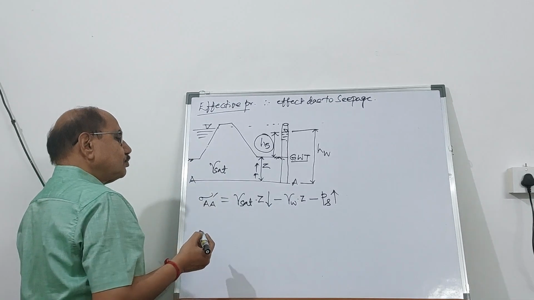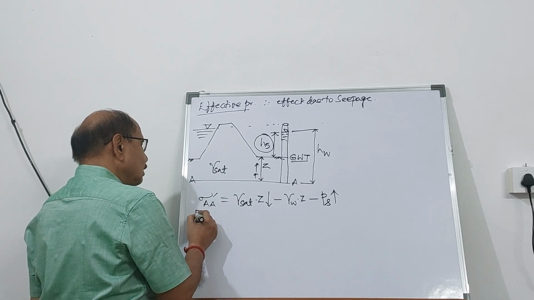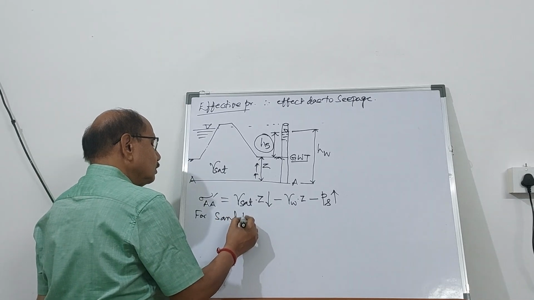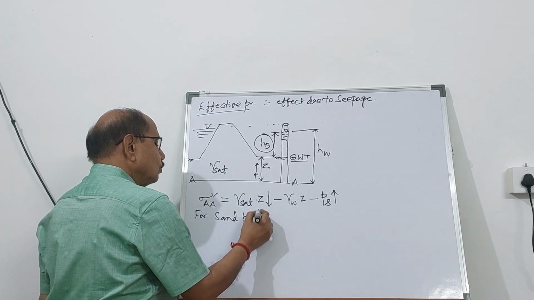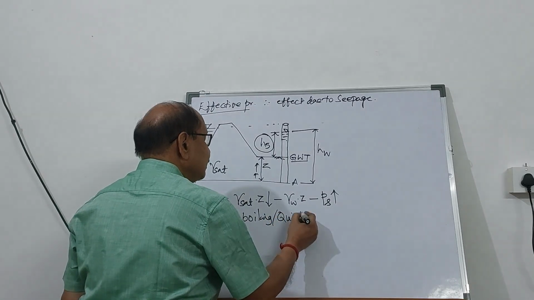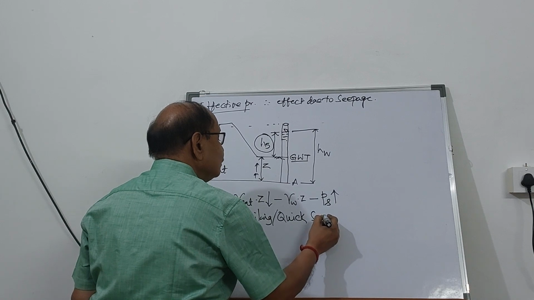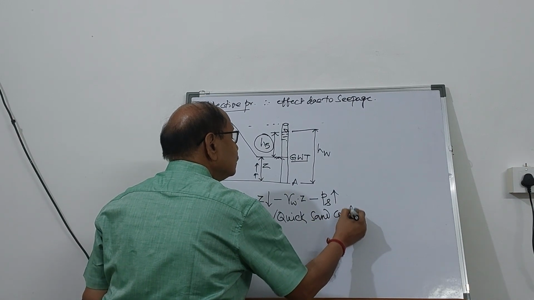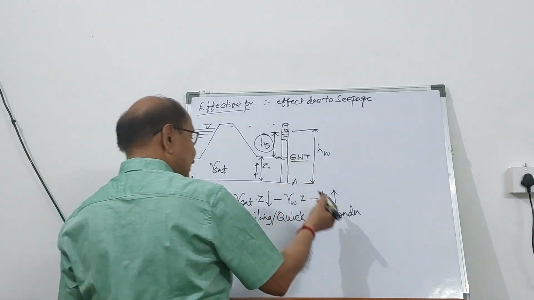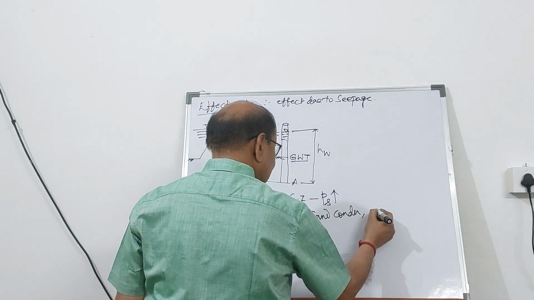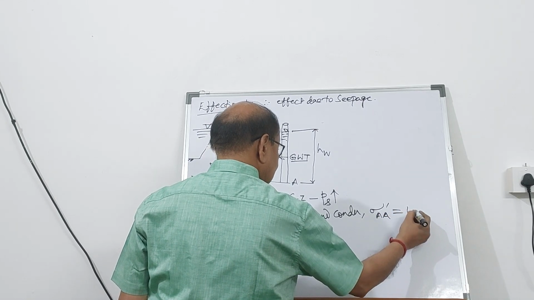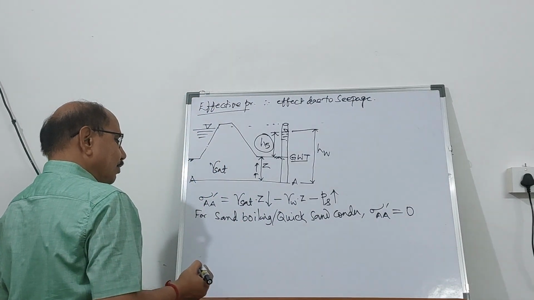And for sand boiling, or what we call the quicksand condition, when the seepage pressure is acting in the upward direction, the effective pressure at A becomes 0.